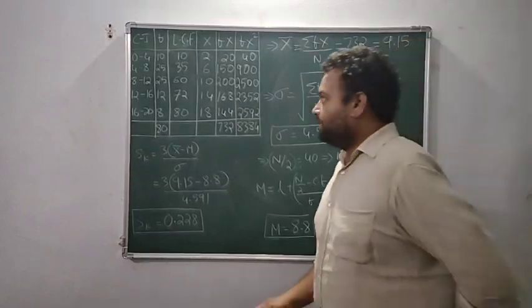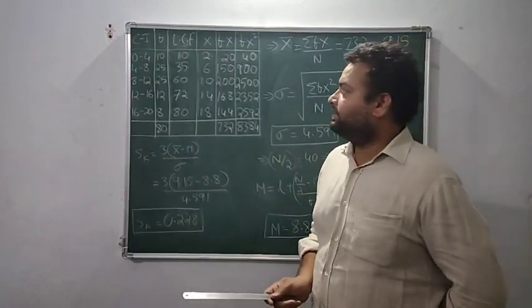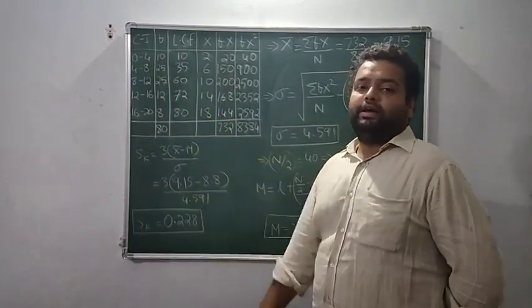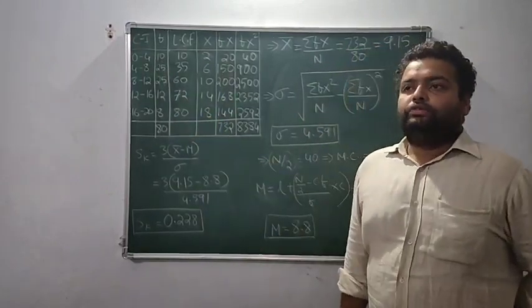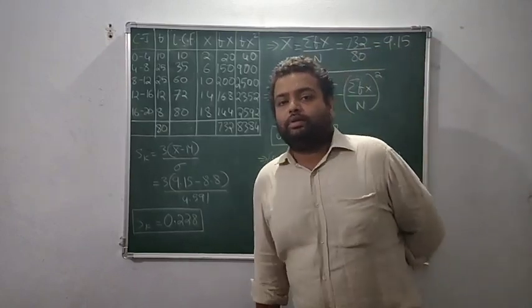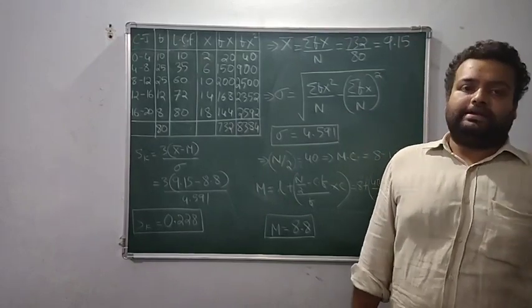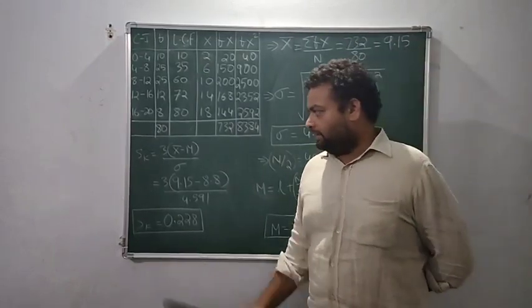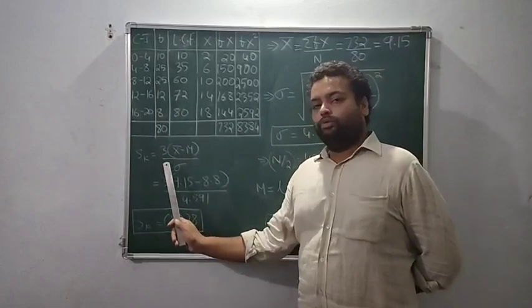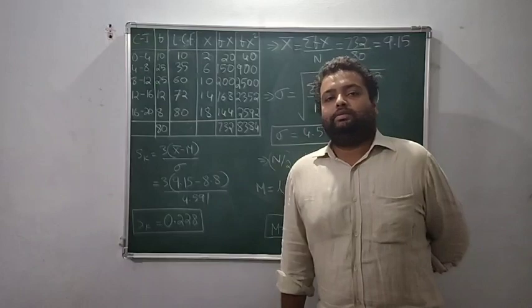If we look at the frequency column, we observe that there are two highest frequencies, 25 and again 25. So for this distribution we cannot go for Karl Pearson's formula, that is mean minus mode divided by standard deviation. We have another formula here, that is 3 into mean minus median divided by standard deviation.